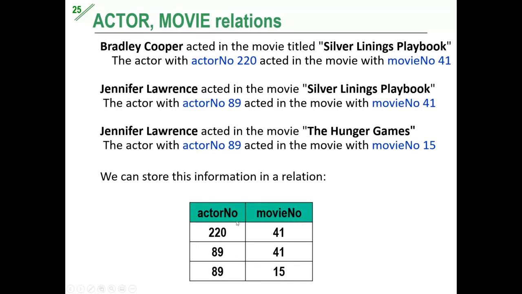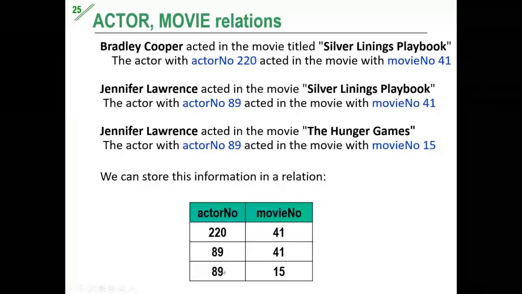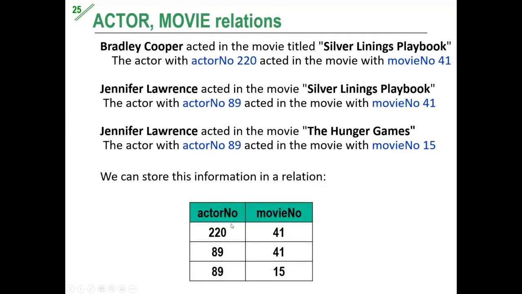Actor number is actually coming from the actor table, isn't it? Because we already have that attribute in our database. We also have the movie number attribute in our database, in the movie table. So the actor number is in the actor table, and the movie number is in the movie table.